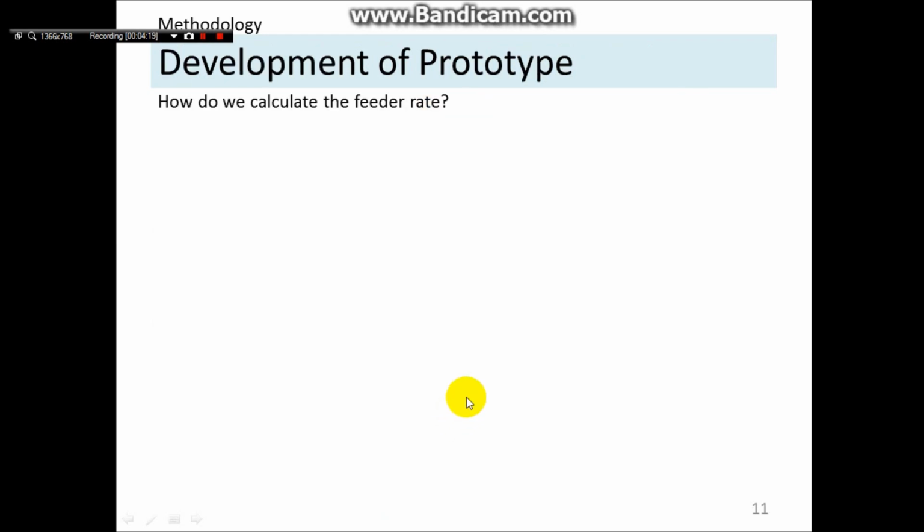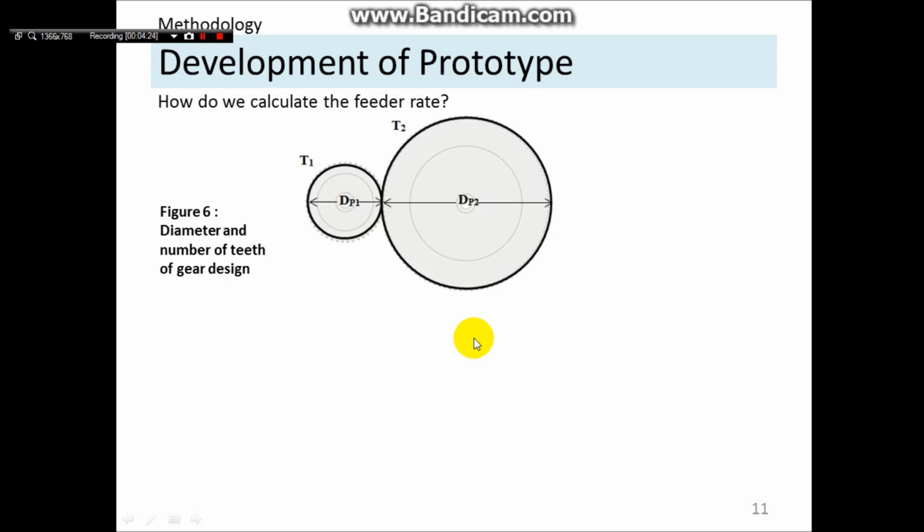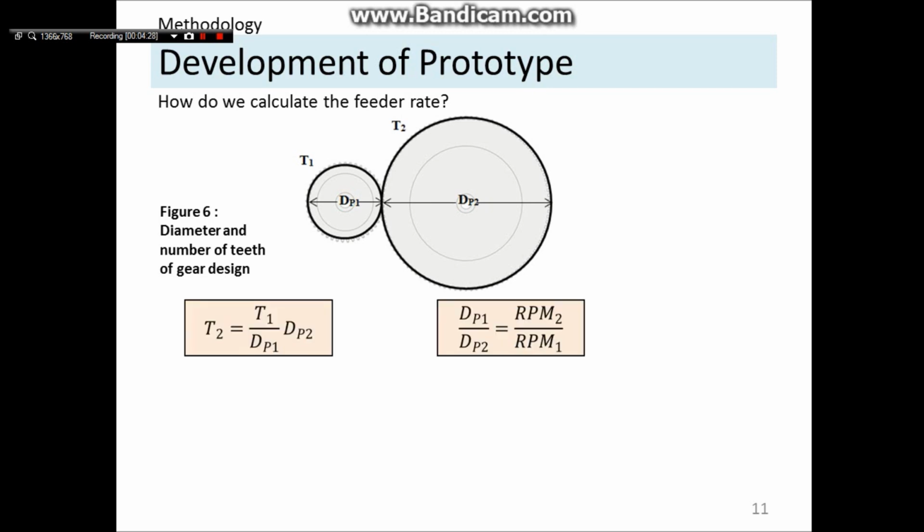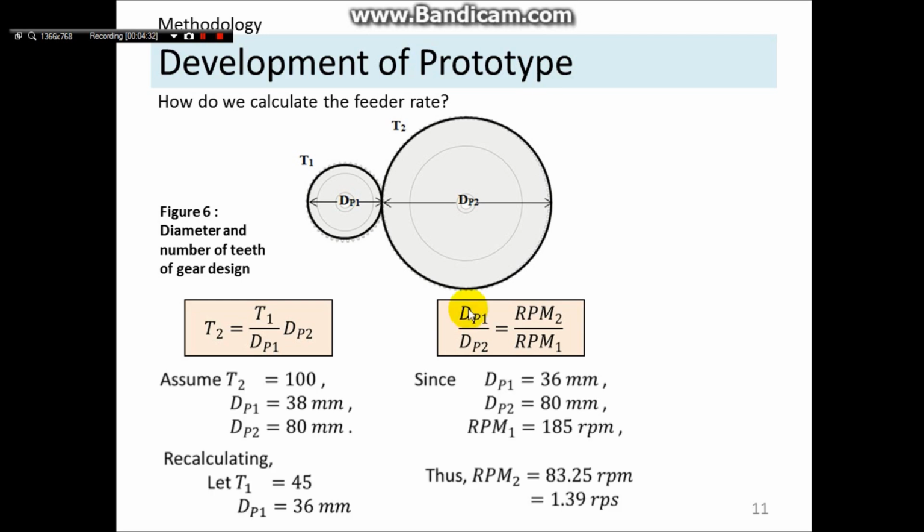For the development of prototype, how do we calculate the feeder rate? In this figure, it shows the diameter and number of teeth of gear design. By using these two formulas, we can get the speed it will produce by this design.